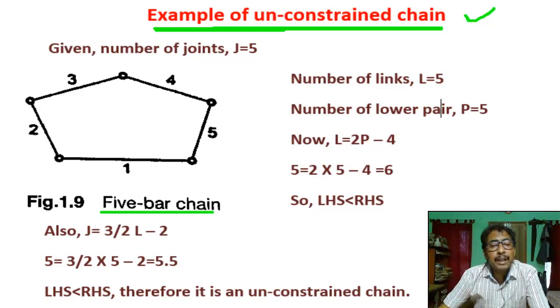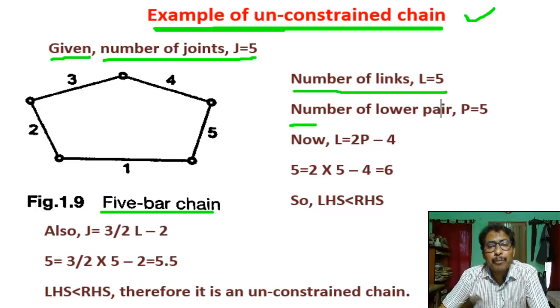This joint has turning or revolving motion, so these joints are lower pairs. Given number of joints J equal to 5, number of links L equal to 5, number of lower pairs P equal to 5.